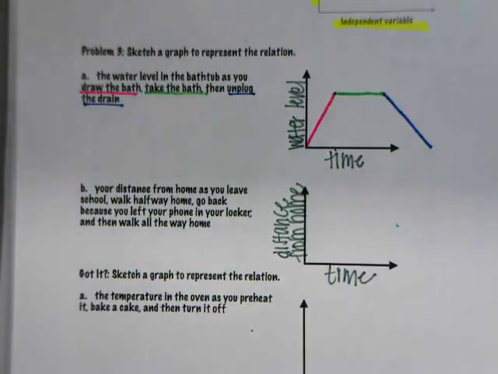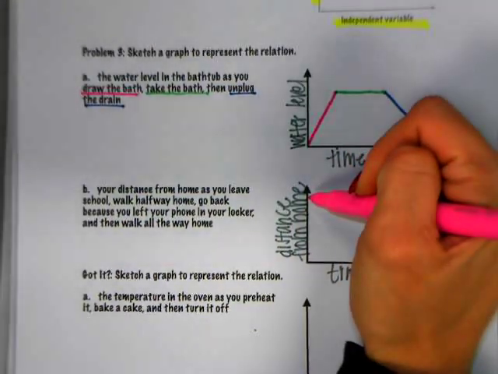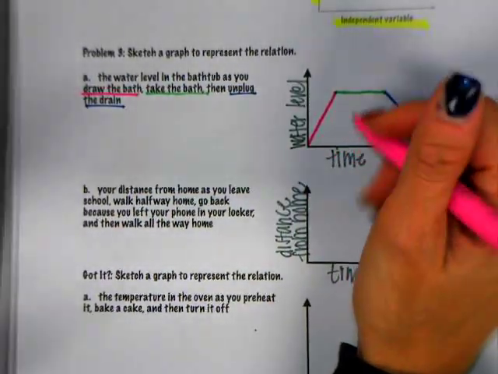So if I'm measuring my distance away from home and I'm at school, am I going to be the furthest from home or the closest to home? If I'm at school, am I going to be the highest for the furthest from home, or am I going to be closest to home? Furthest. So I'm going to start up high. Okay. So my distance is going to be the biggest. That's going to be from home.